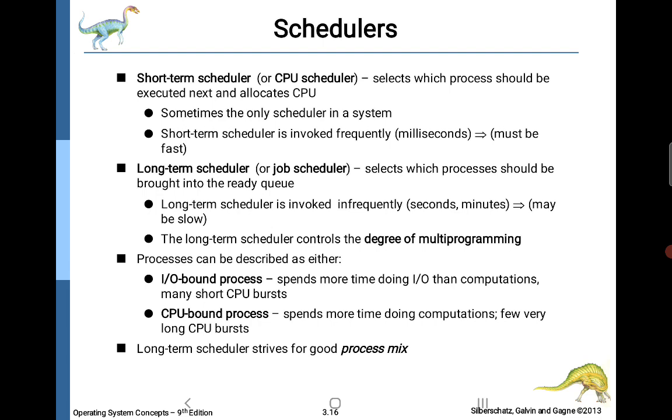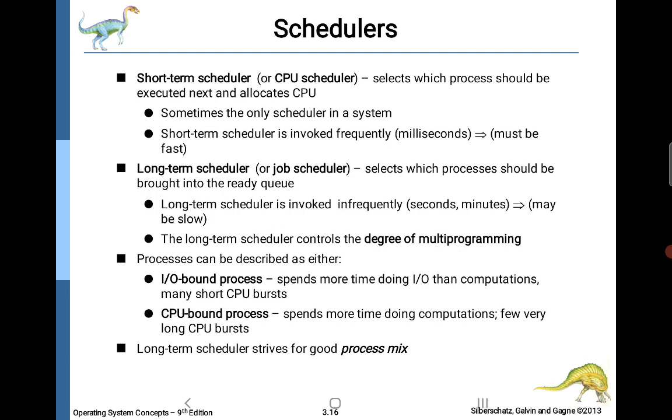Imagine a statistical code and a movie player. So SPSS, for example, or Stata, will be using the CPU for calculations for a long time, while a movie player will use the CPU for very short times and will be using the input-output devices most of the time.